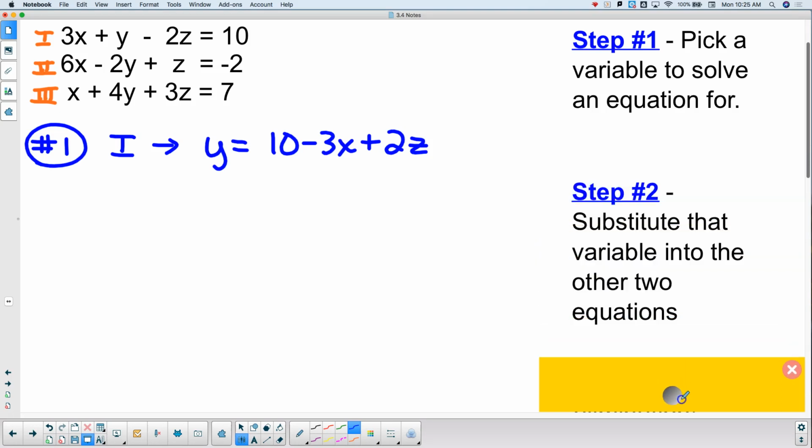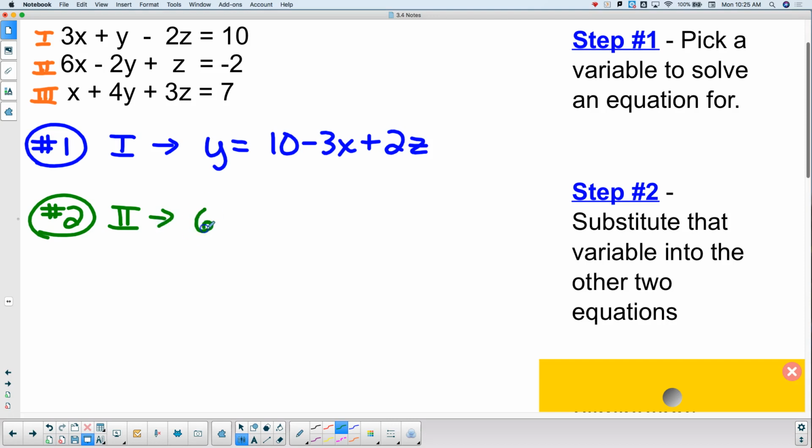So what we have to do is substitute that back into both of the other 2 equations. Okay? So we took equation number 1 and solved it for y. So then I'm going to start with equation number 2.